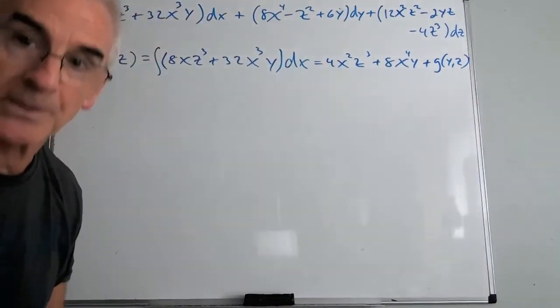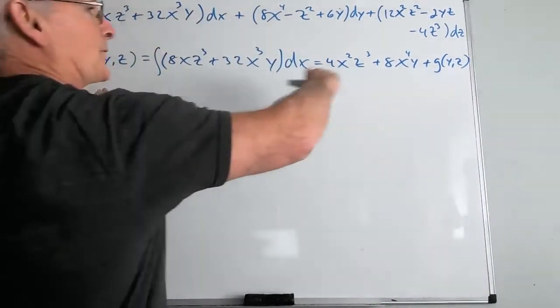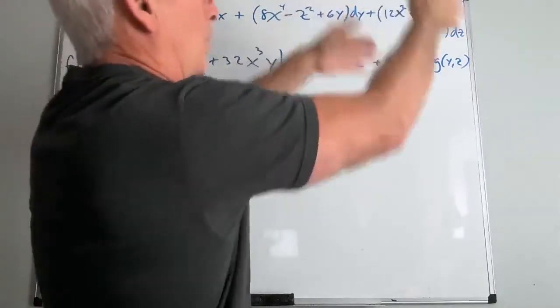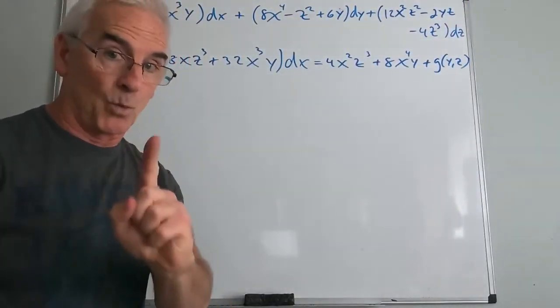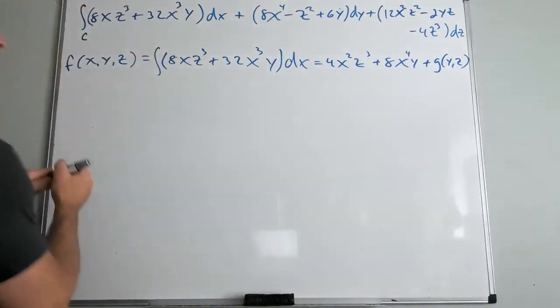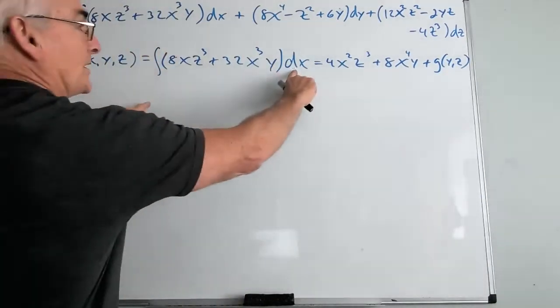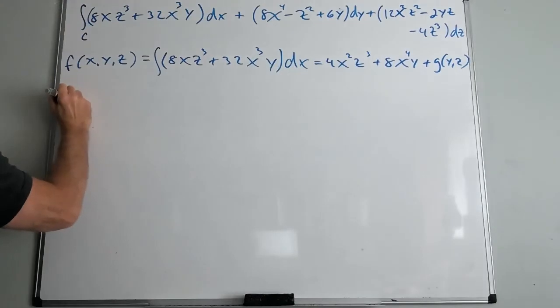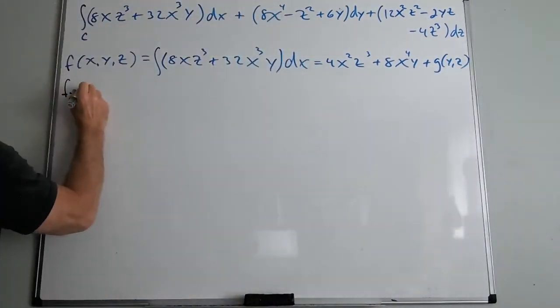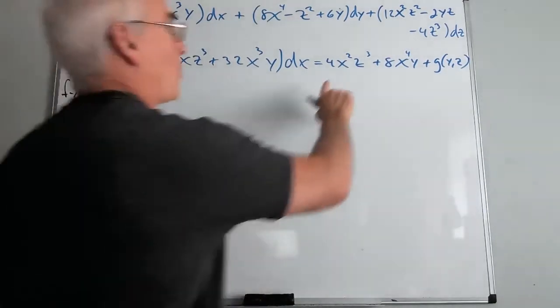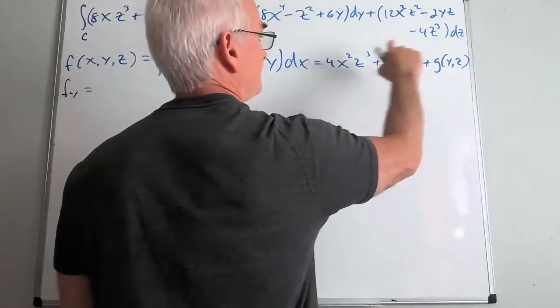So now my next step is to take the partial with respect to y. I'm going to go in order. And eventually that means I'm also going to take a partial with respect to z. But it's one step at a time. You cannot combine steps here because you can only do one integration at a time. So the partial of this answer with respect to y, well, there's no y's here. How about here?